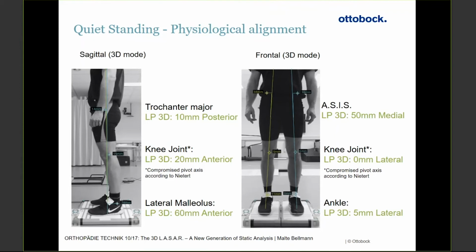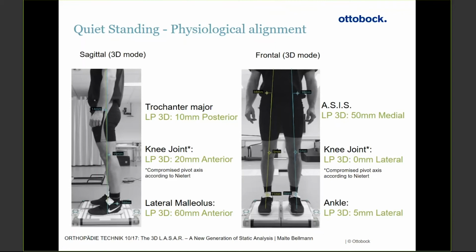Before I get into it in too much detail, this isn't the first time that this type of study has been done. Way back when, 20 years ago, with the first L.A.S.A.R Posture, a similar study was done by Professor Blumentritt, and the results are the same. The human body hasn't changed over the last 20 years.